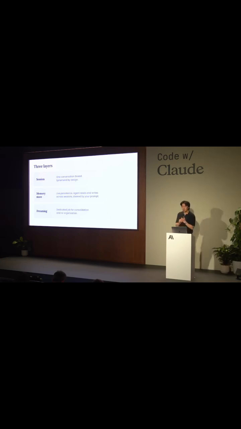And then finally, with dreaming, you're organizing, enriching, and improving your memory stores over time, so that as you scale up the number of sessions and the information being processed through those sessions, your memory stays at a reasonable level. It's manageable. It doesn't blow up. Also, it checks for things like staleness to make sure all the information is up to date.